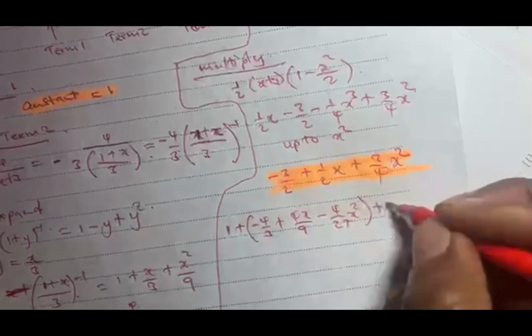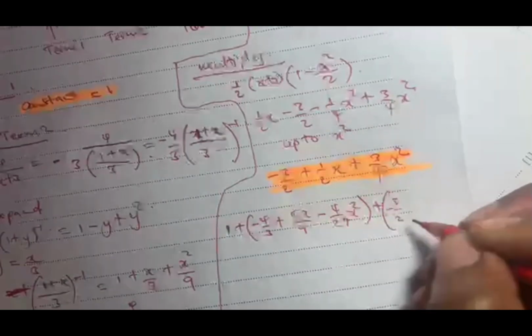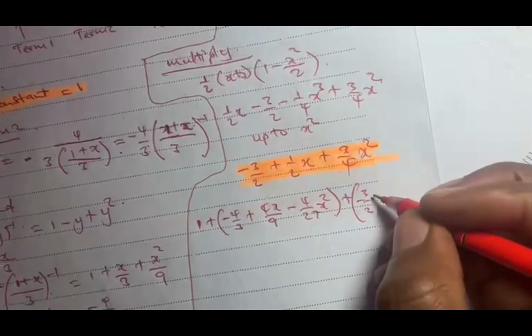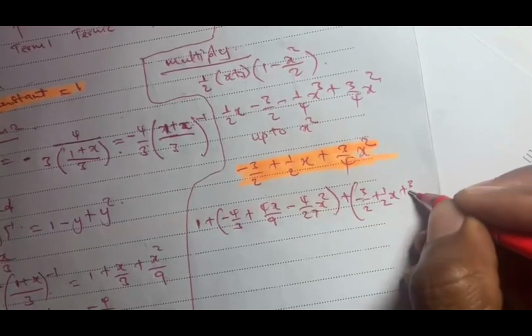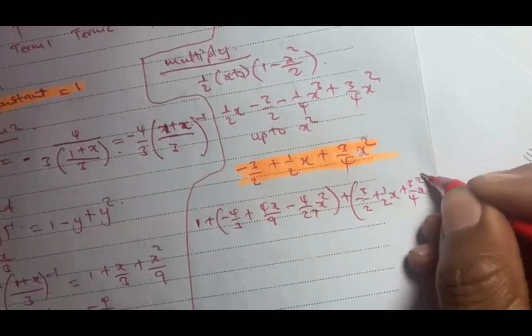The third term is minus 3 over 2 plus half x plus 3 over 4 x squared.